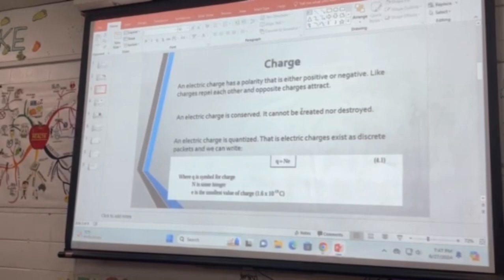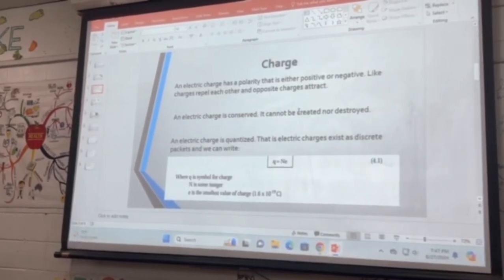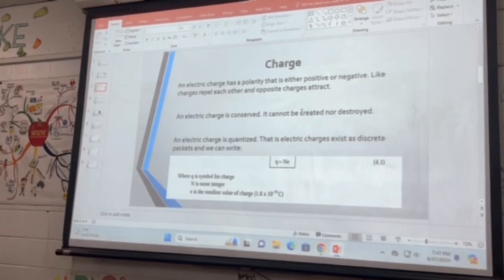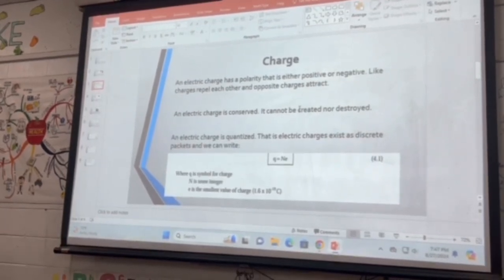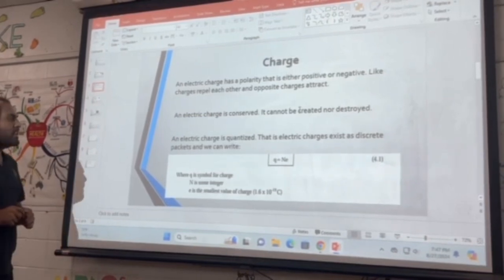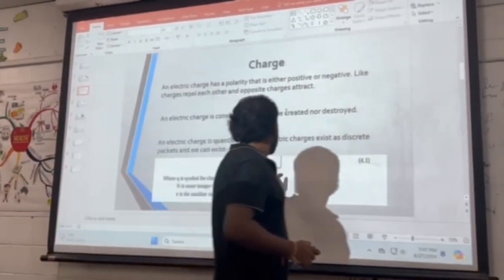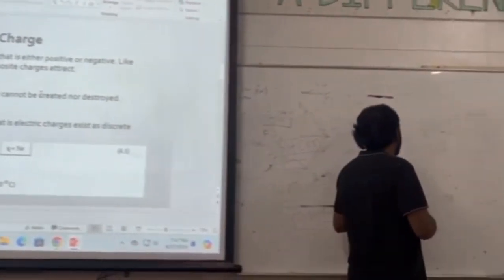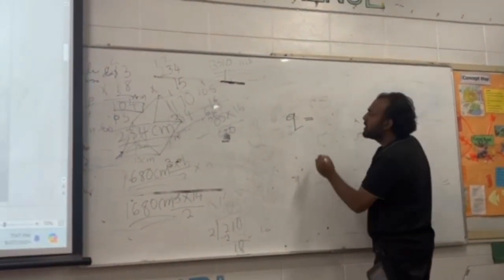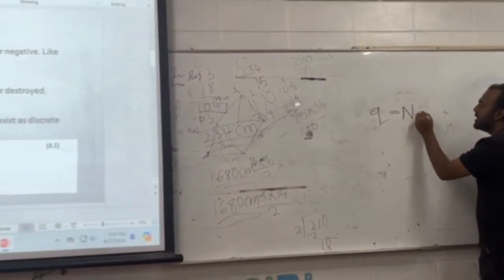An electric charge is quantized. That is, electric charges exist as discrete packets, and we can write Q is equal to N e. Okay, so this equation here, Q is equal to capital N e.